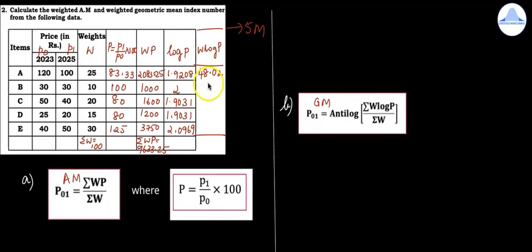So 48.02, the next one is 20, then 38.062, 28.5465, and then 62.907, and the total will be 197.5355.